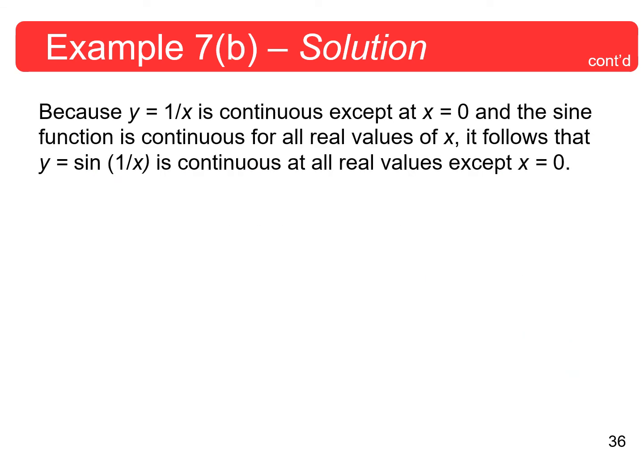Now for the second function, which is sine of 1 over x, because y equal to 1 over x is continuous at all points except at x equals 0, and the sine function is continuous for all real values of x, it follows that this function y equal to sine of 1 over x is continuous at all real values except at 0.